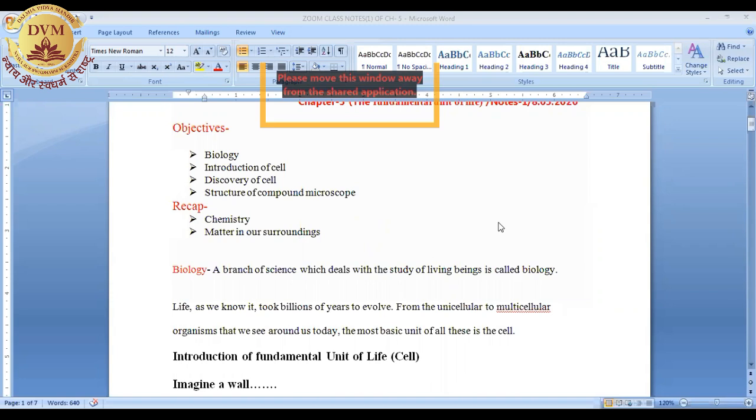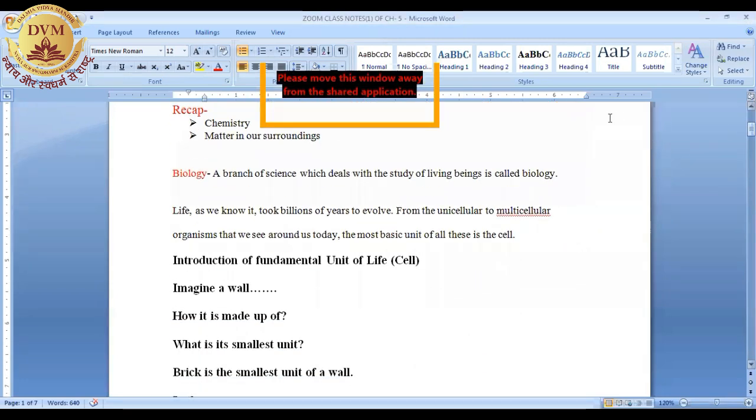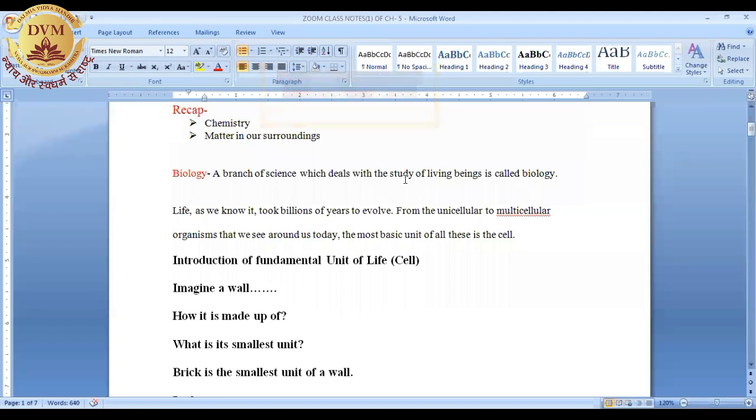Today we are going to start the first chapter of biology, the fundamental unit of life. Before coming to this chapter, let's see what we mean by the term biology. A branch of science which deals with the study of living beings is called biology.